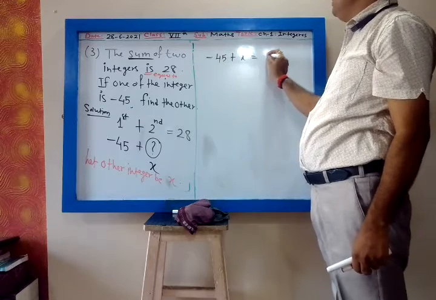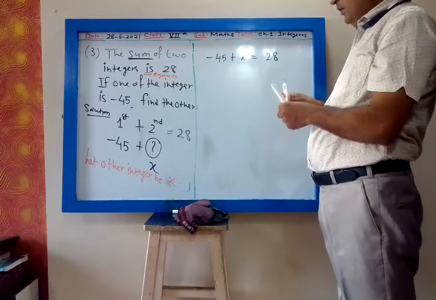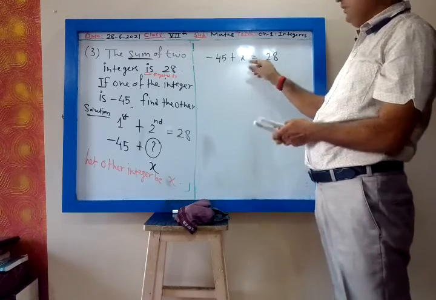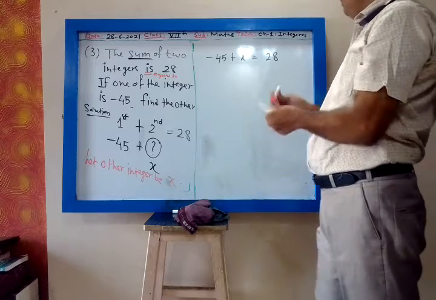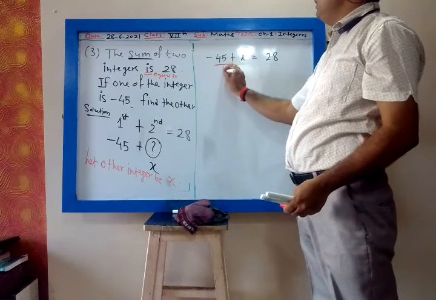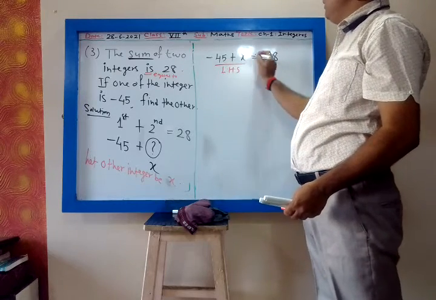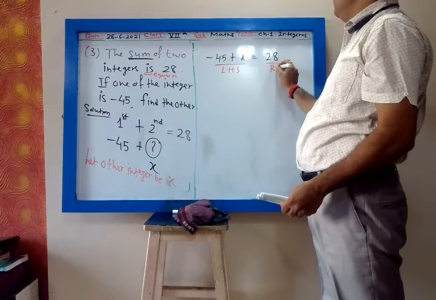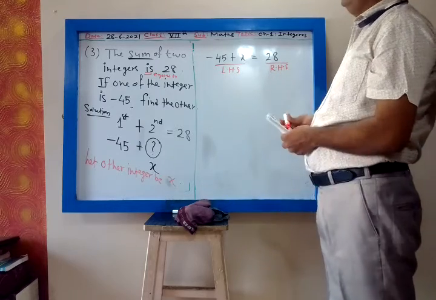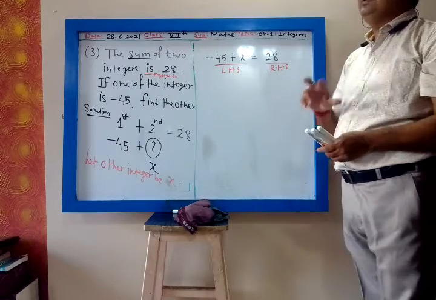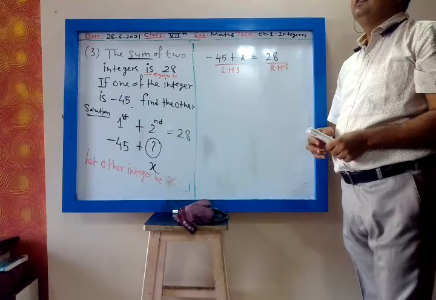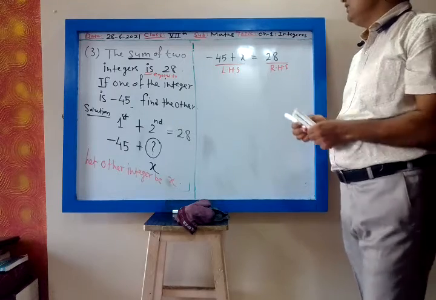is equal to 28. Whenever you see the equal to sign, before it is my left side, after it is my right side. Whenever there are two sides, and you change the side of a number, then the sign changes.